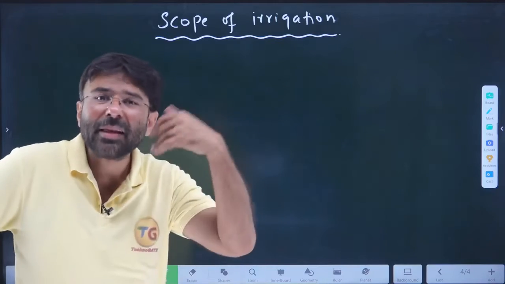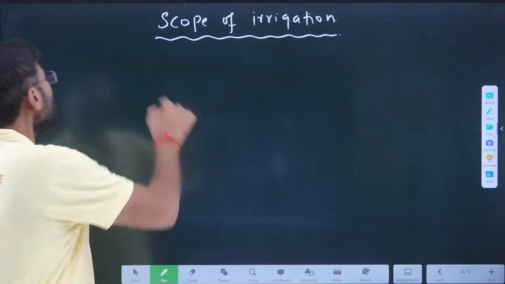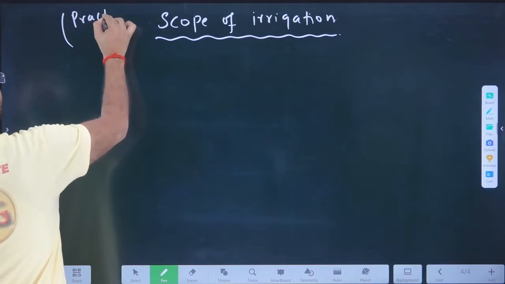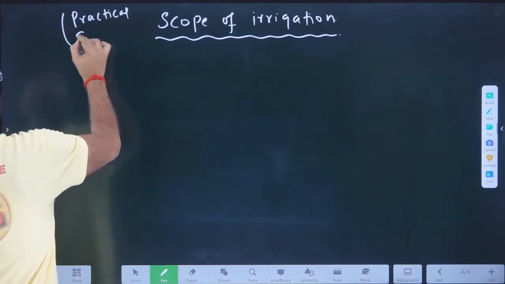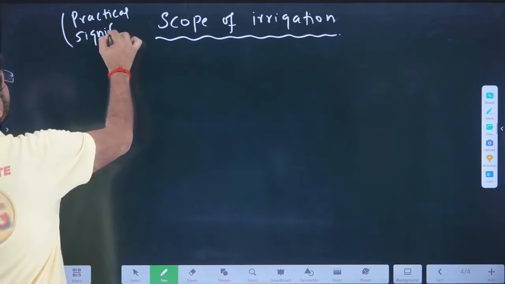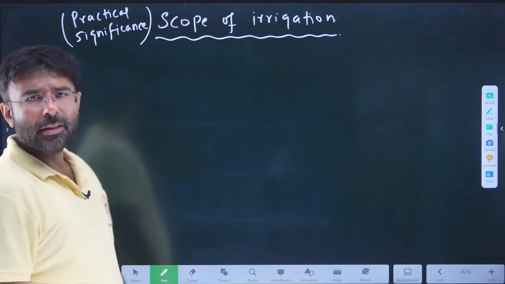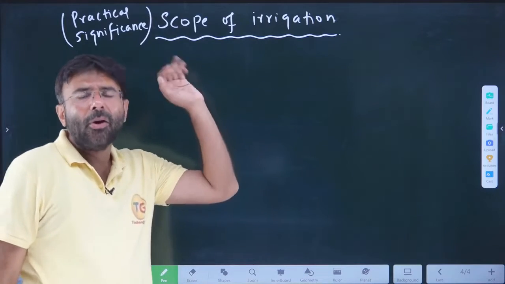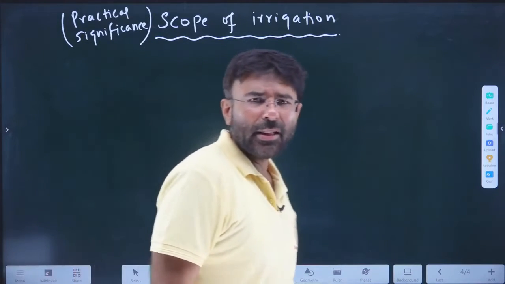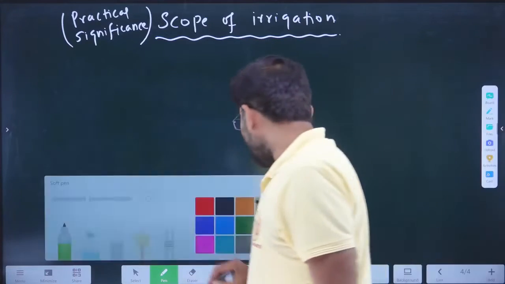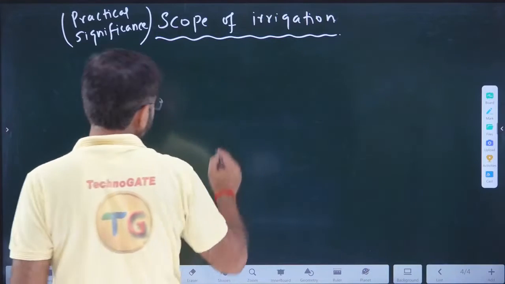What is the practical significance of irrigation? Scope means you can say practical significance. I will be explaining the practical significance in three different parts. So the scope of irrigation can be divided in three parts.